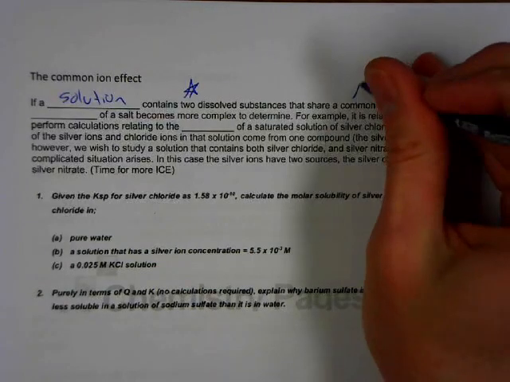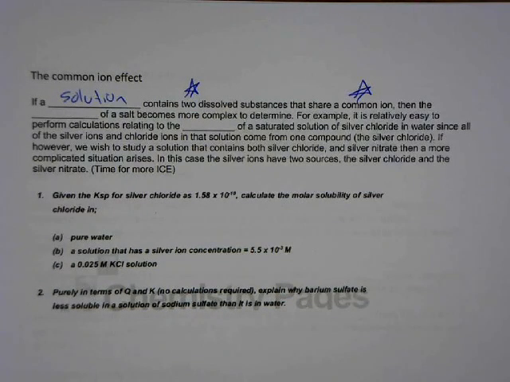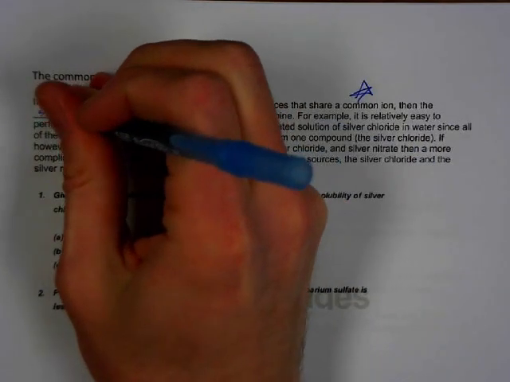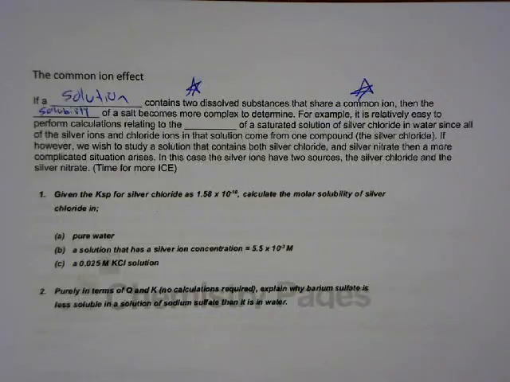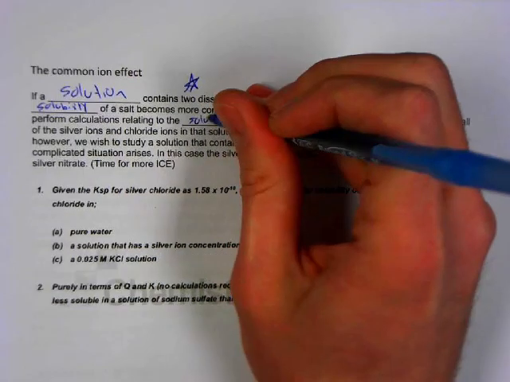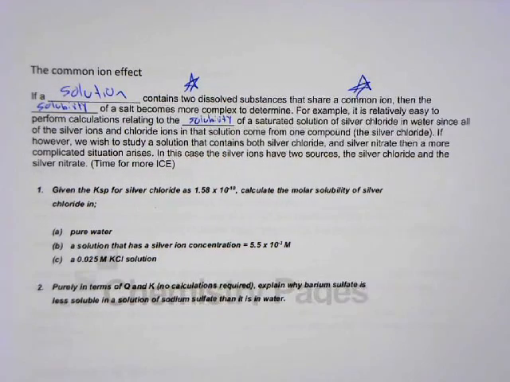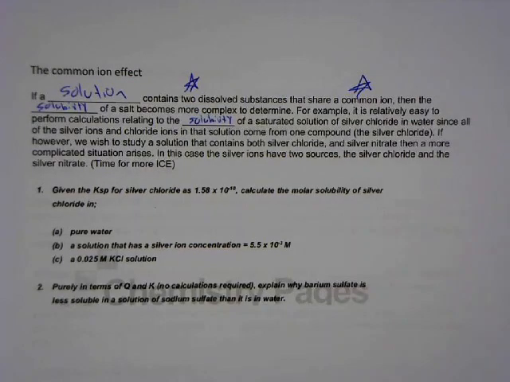The common ion effect. This is what tomorrow's Pogil is on. If a solution contains two dissolved substances that share a common ion, then the solubility of a salt becomes more complex to determine.